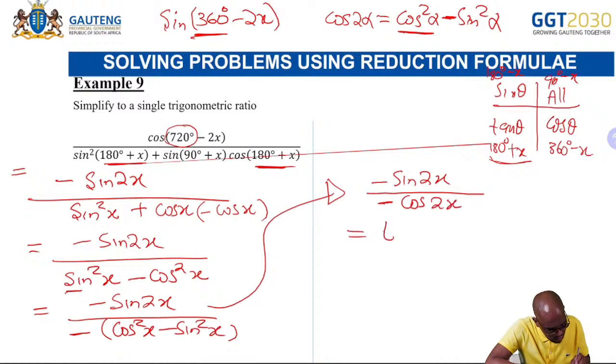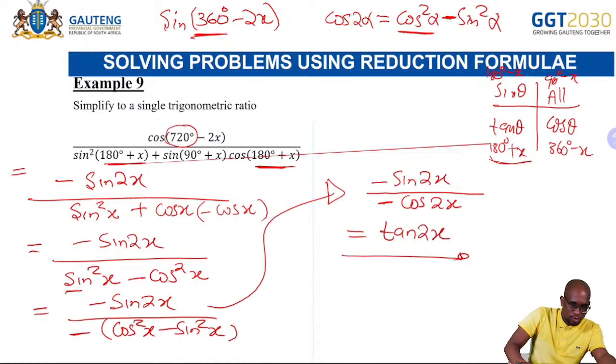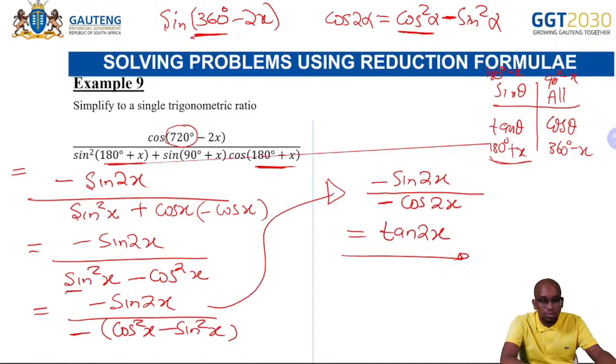So this will simplify to the tangent of 2x. So I was able to actually use our compound or double angle reduction there.